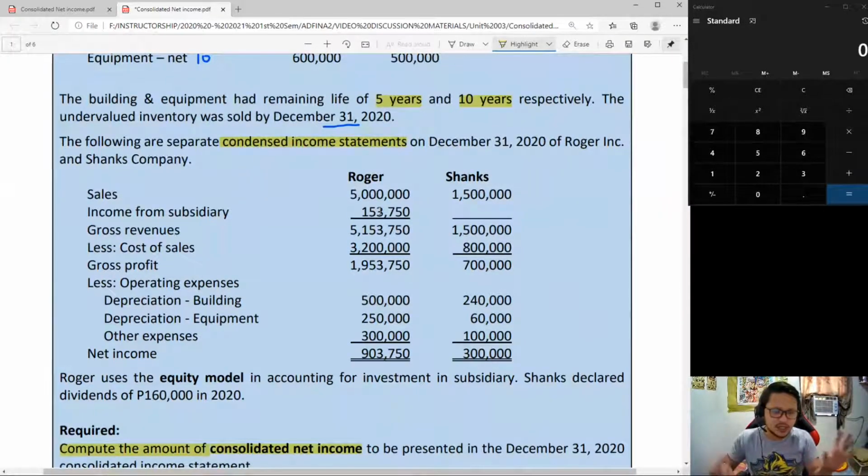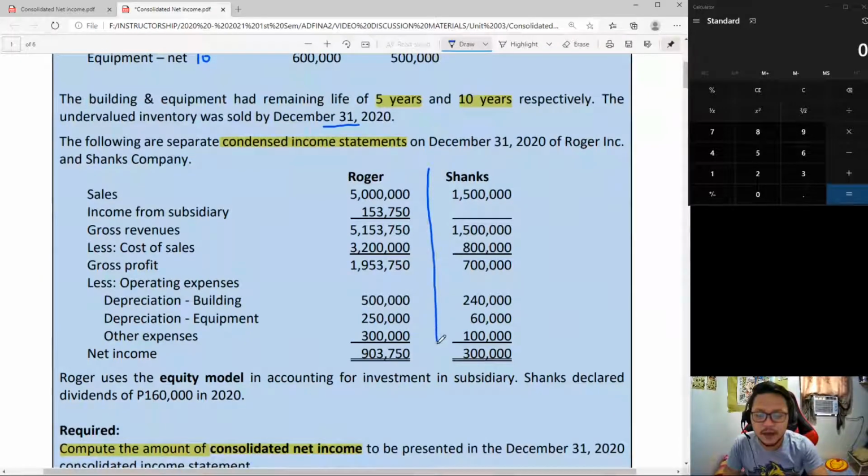Si Roger and si Shanks, magkaiba yung record nila, magkaiba yung libro nila. Which is why, when you solve a problem like this, normally dalawang financial statement ang pinapakita, kasi although they are economically one entity, when we are talking about books and legal identity, magkaiba po si Roger and Shanks. Separate.